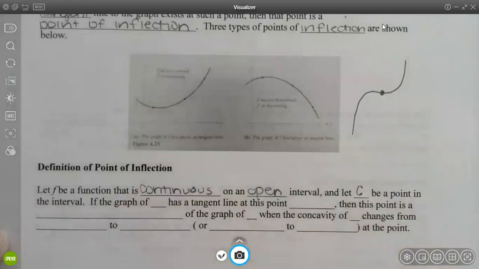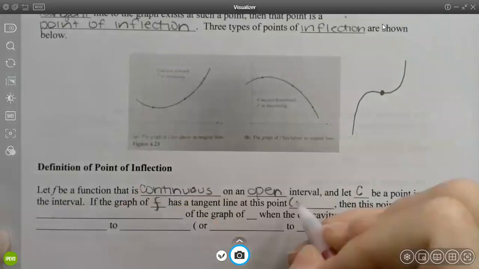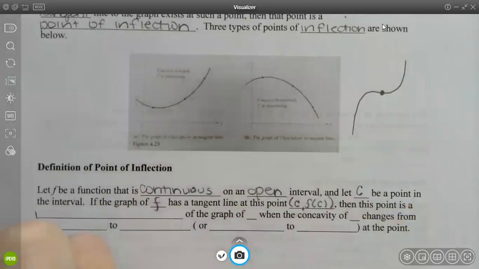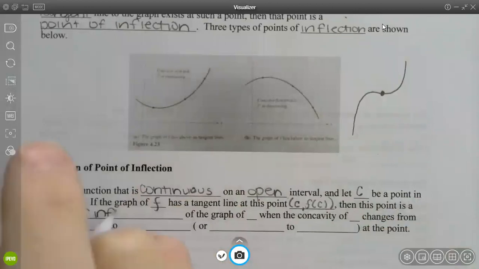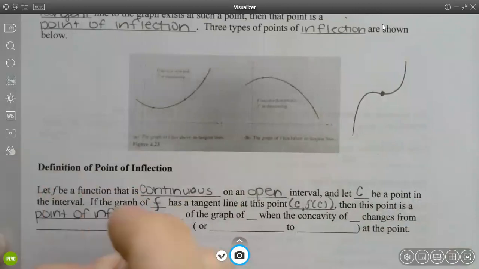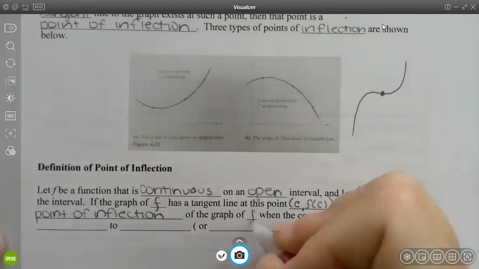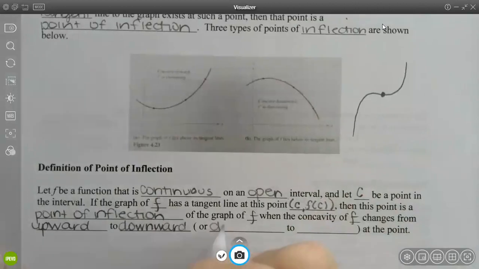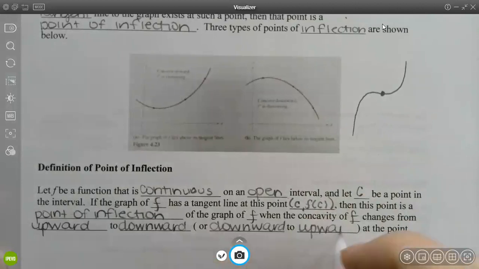If the graph of f has a tangent line at (C, f of C), then this point is a point of inflection of the graph of f when the concavity of f changes from upward to downward, or downward to upward, at the point.